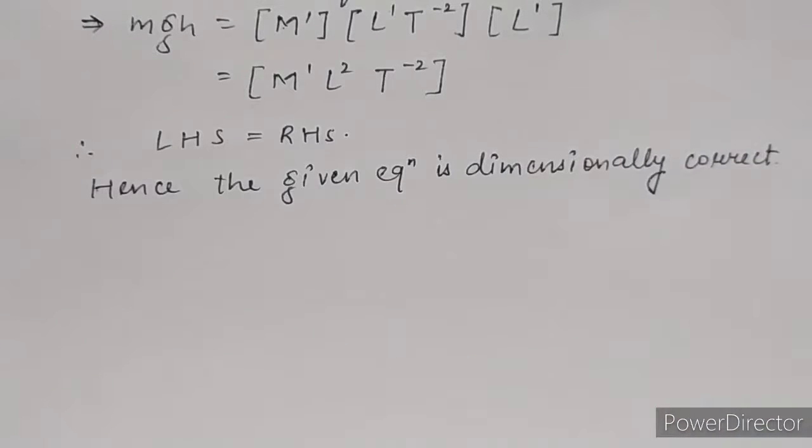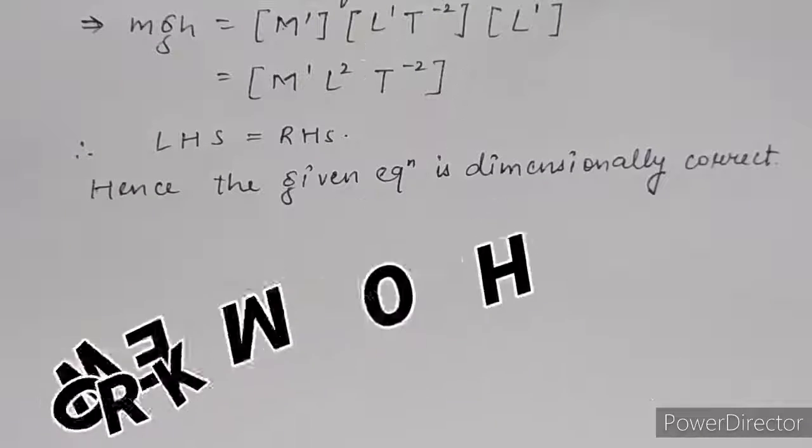So like this we have to check the consistency of the equation, whether the equation is dimensionally correct or not. Now I will give you a question, which you have to solve at home as homework.